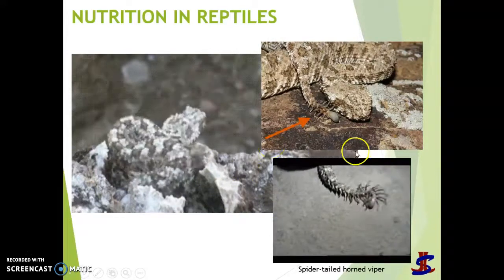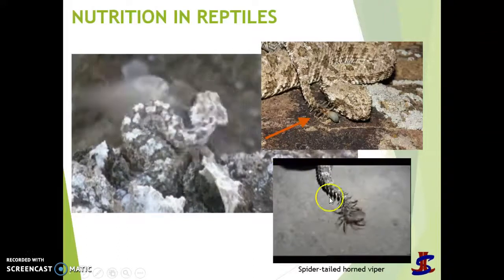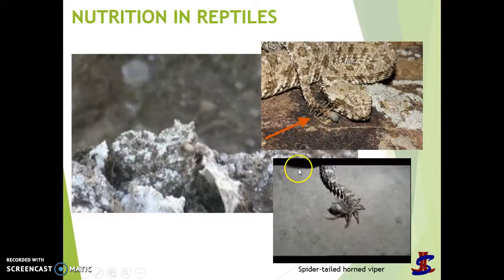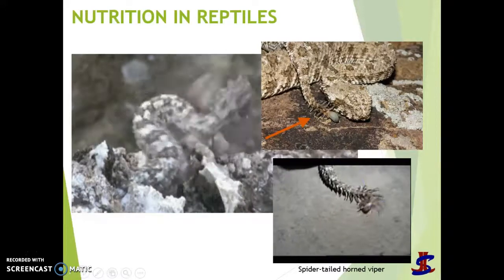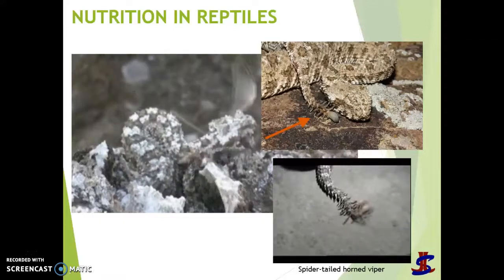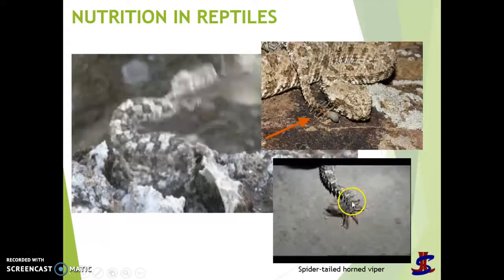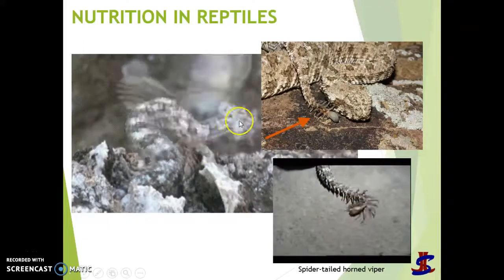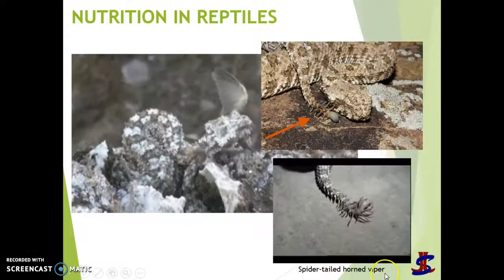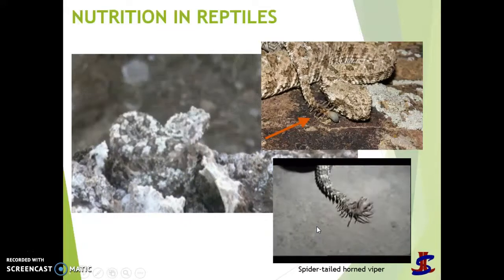It is a snake that has a tail in the shape of a spider. So it freezes and starts moving the tail as if it was a spider to attract a bird or some kind of predator of insects, and when it's close, it captures the bird. It's amazing, eh? This is the spider-tailed horned viper, which lives in places like Iran, for instance.